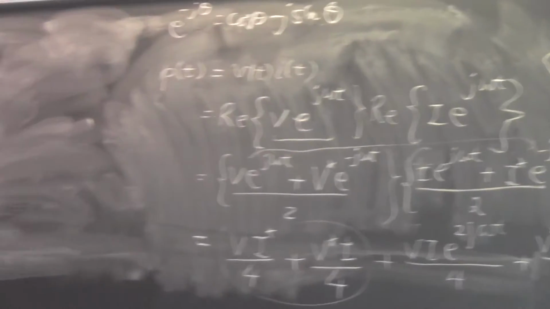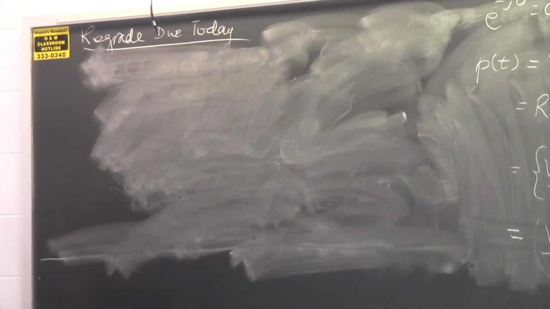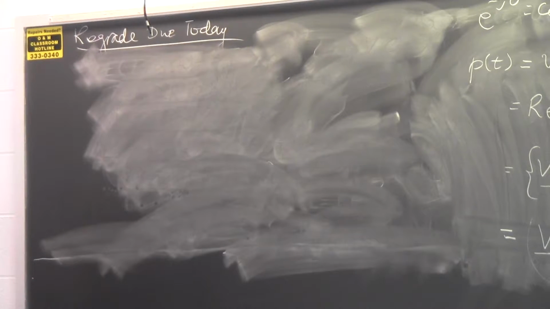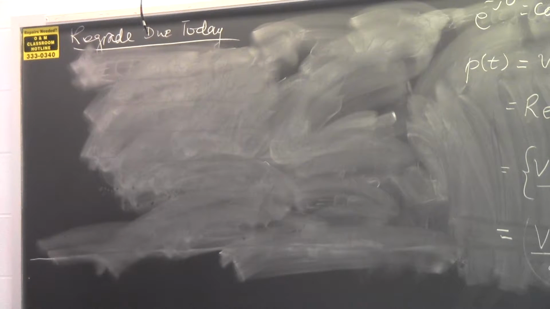So what is often quoted to you in an AC circuit, like the circuit in your home, that voltage quoted to you is actually the root mean square voltage. Say if you have 120 volts in your home, that 120 volts is not the peak voltage. It's the root mean square voltage.